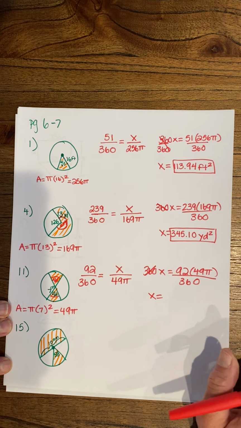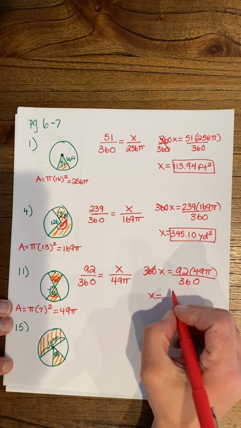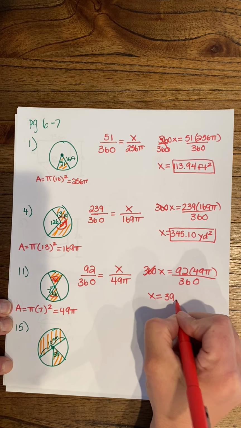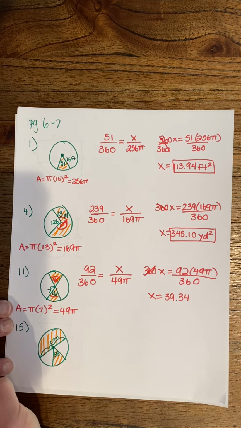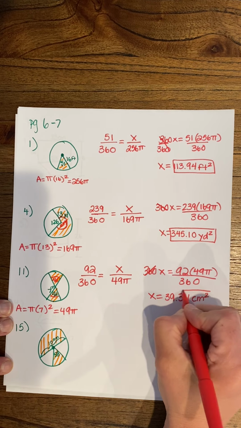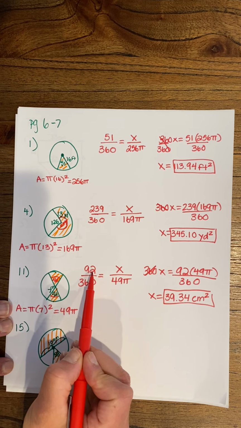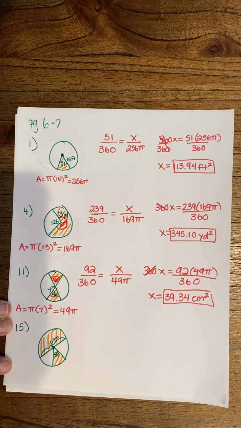On this one, when you round to the nearest hundredth, you should get a final answer of 39.34. These units are centimeters, so we're going to have centimeters squared this time. Had you just found the area of one of them, 46, you would have gotten like 19 point something, multiplied it by 2, and you would have gotten that same answer.